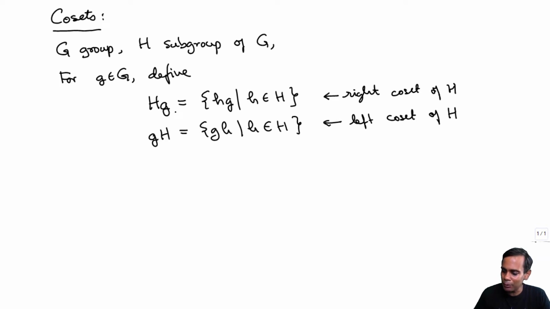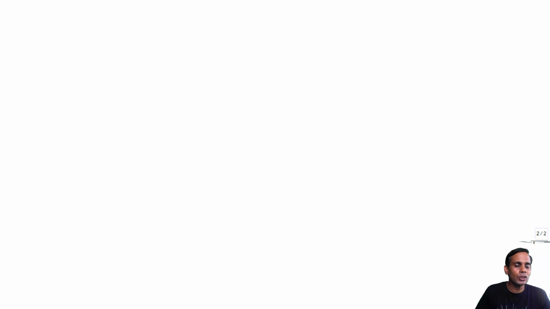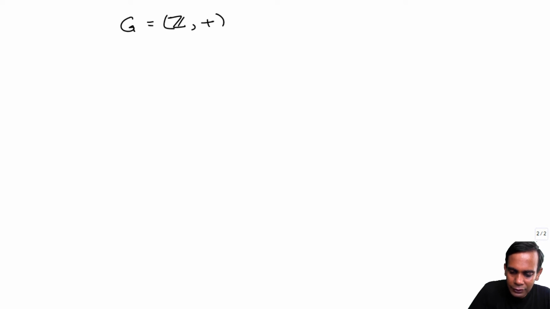Let's look at an example of this, a very natural example that comes up in number theory. Take G to be Z, the group of integers under addition, and take H to be the subgroup of, say, multiples of 5. Let's take any element of G, let's take the element 3.